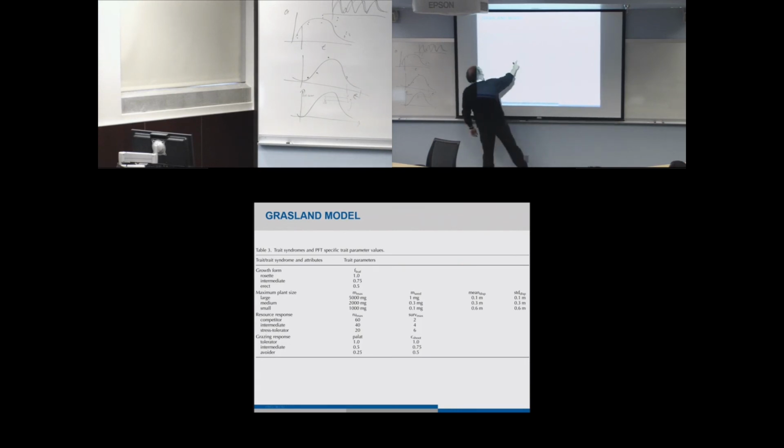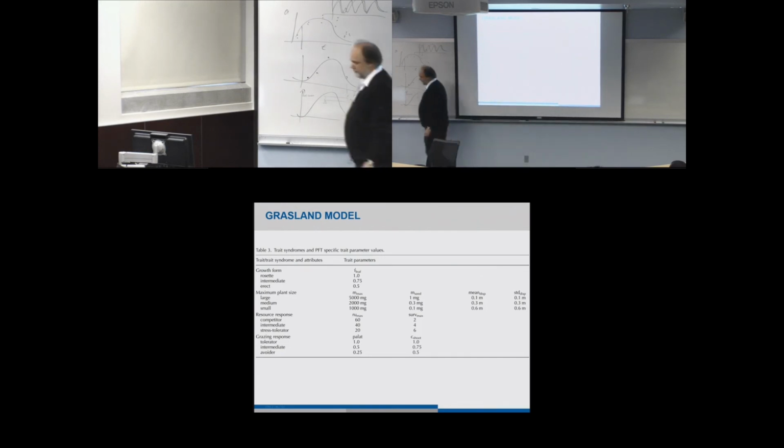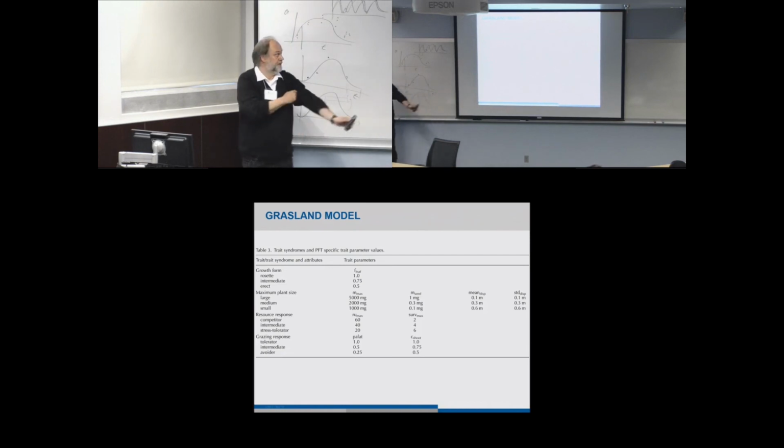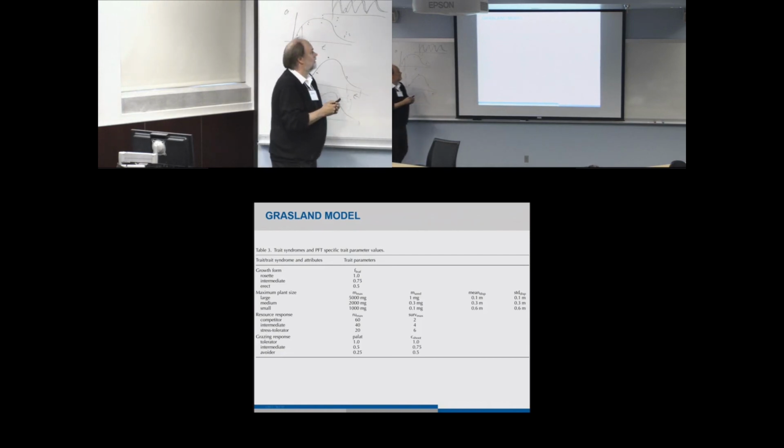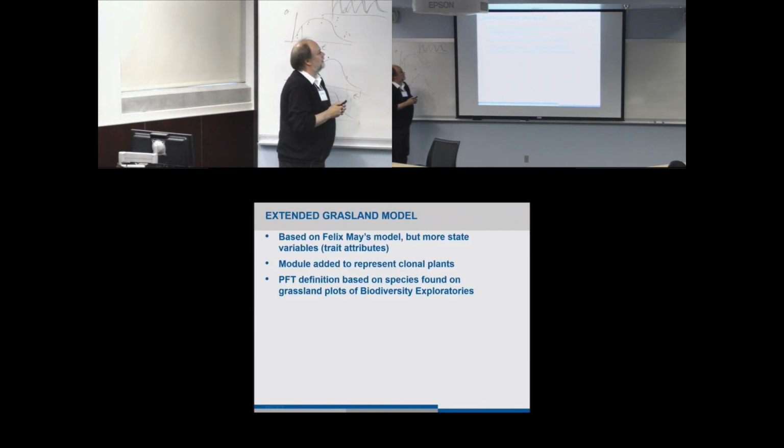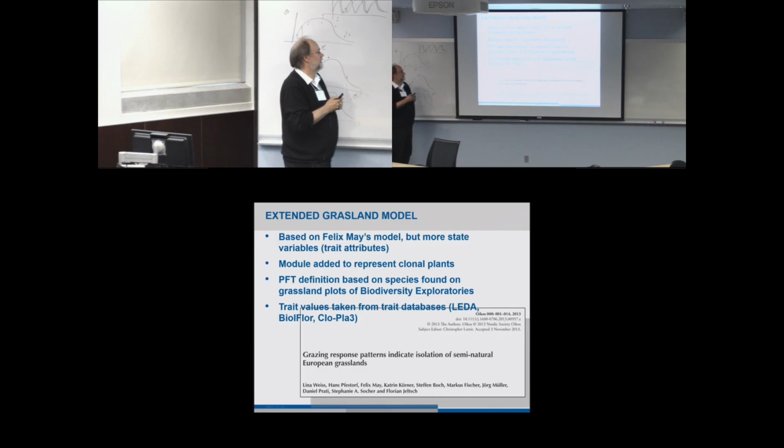You have small plants with small seeds with large dispersal distances. You have trade-offs in your traits. So then data were taken from a database. First it was a totally artificial model, then data were taken from a database.